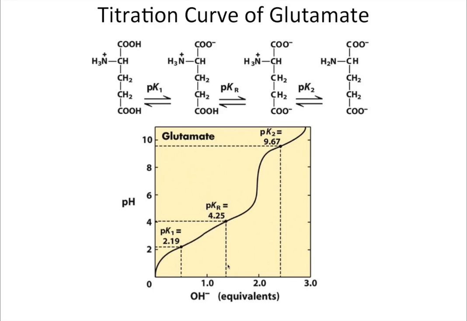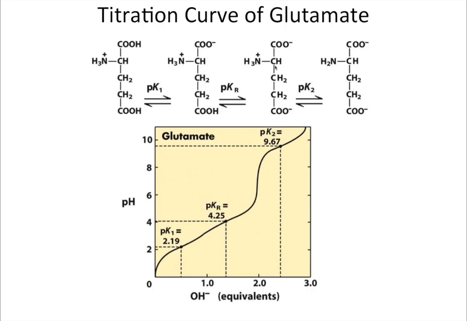As we increase the amount of base in the titration, you can see it moves along steadily, and then at some point there's a very rapid increase in pH, and then you enter this third zone. In this third zone is where you're going to have the transformation, and it's also the buffering region, the third buffering region.